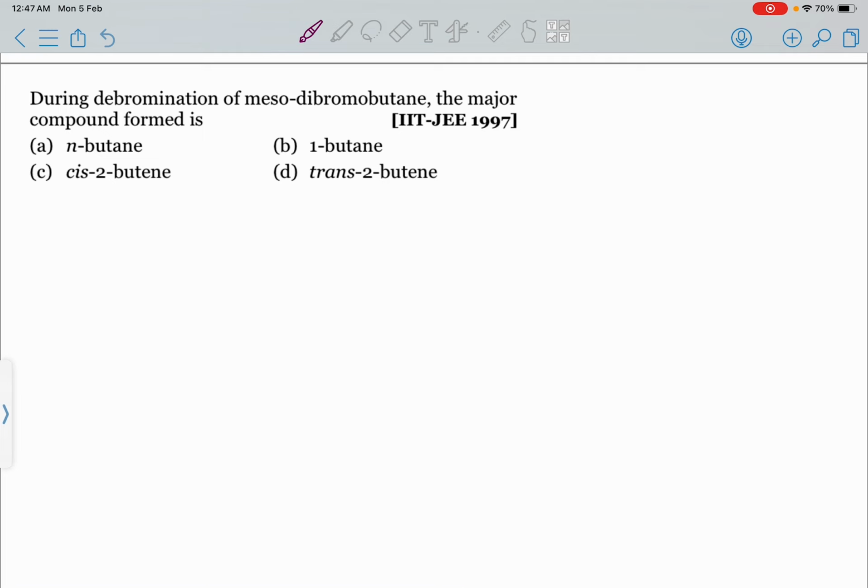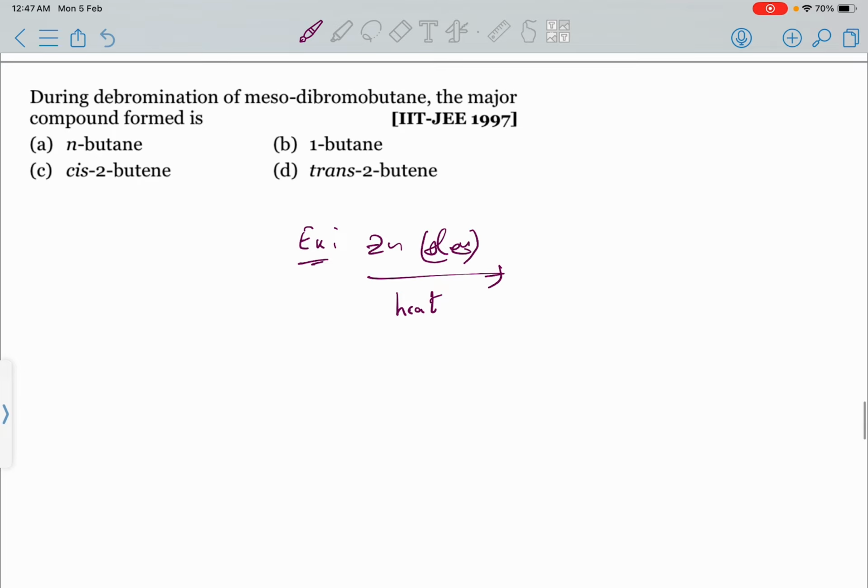For example, I'll give a simpler one, that is zinc in alcohol with reflux, or we can call it heat. What he has given here is meso-dibromo.